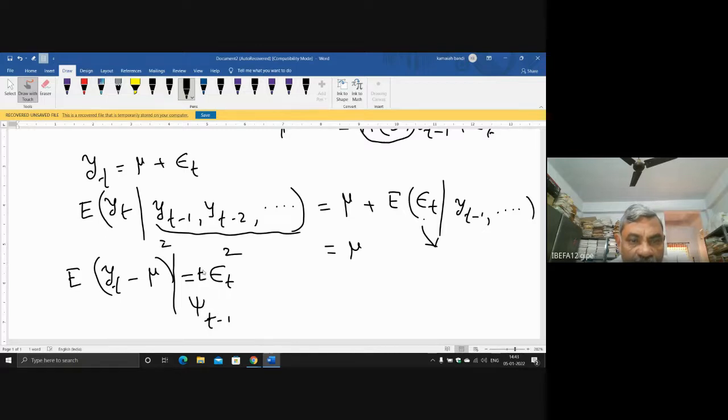Again you write the expectation conditional upon psi_{t-1}, and you call this sigma squared t. So the variance of y_t is the same as the variance of its innovation, that is epsilon_t, which we designate as sigma squared t. Is this clear so far?